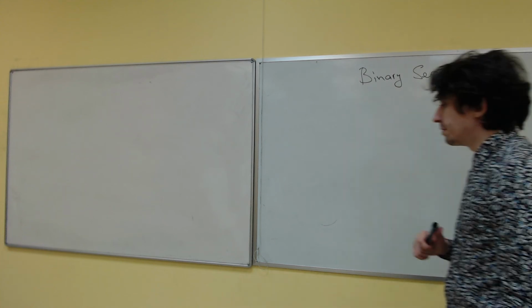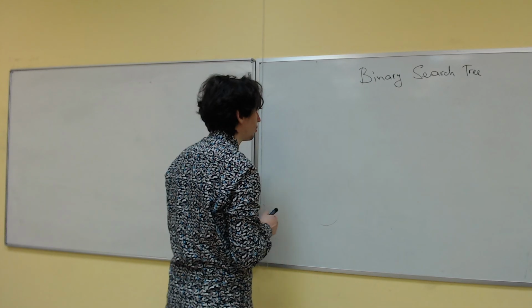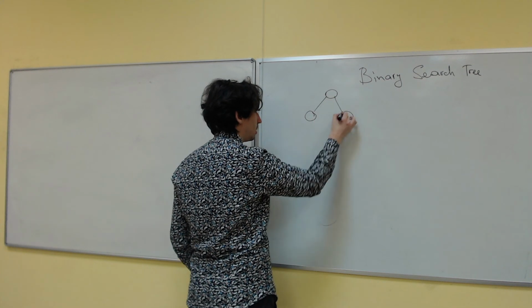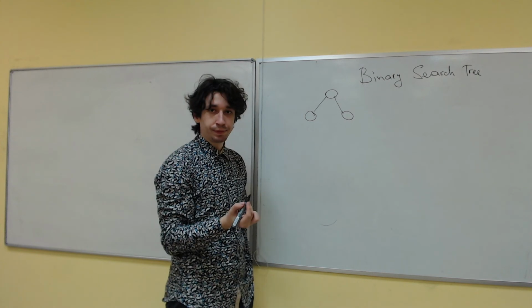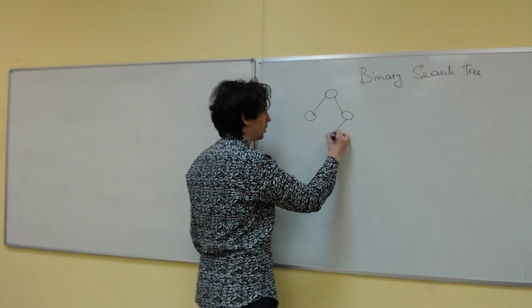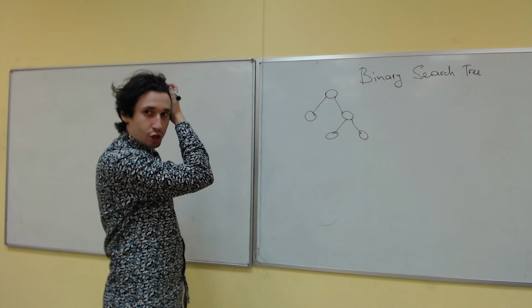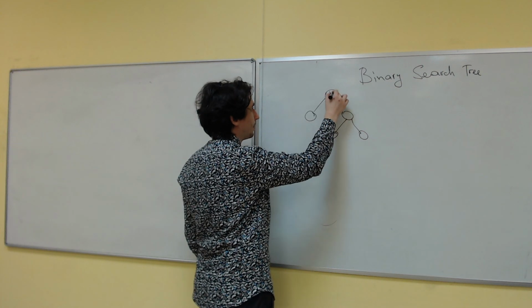So okay, binary search tree. What is a binary search tree? A binary search tree is a data structure that looks like a tree and has no more than two children. So we have a left child and a right child. Each node has an element there.